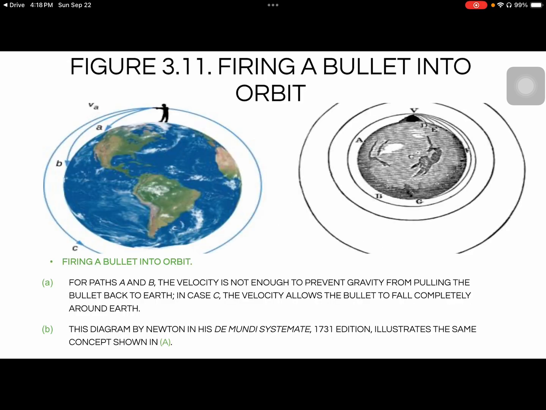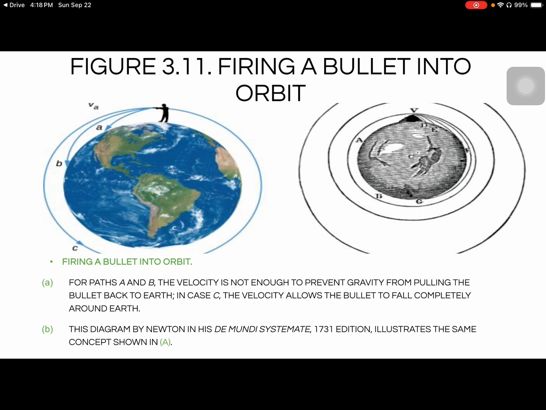So with that, we talk about firing, if we were on top of the Earth and we could stand there and shoot a bullet, and we could actually see what would happen and how the orbits happen. So if we're looking at picture A here on the left, in both A and B, the velocity is not enough to prevent gravity from pulling the bullet back down to Earth. In case C, the velocity allows the bullet to fall completely around the Earth.